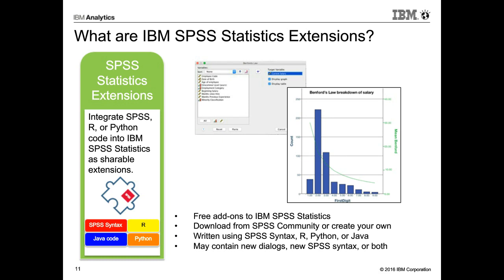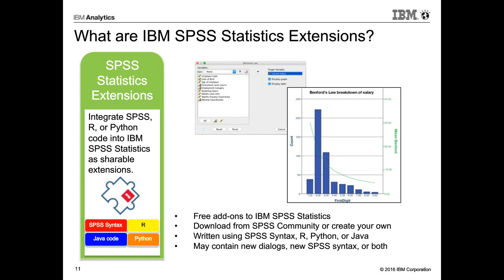So it'll just look like it's coming from SPSS Statistics, but underneath that, it'll be using one of these different programming languages: SPSS, R, Python, or Java code. Okay, so you can think of them like apps or add-ons.